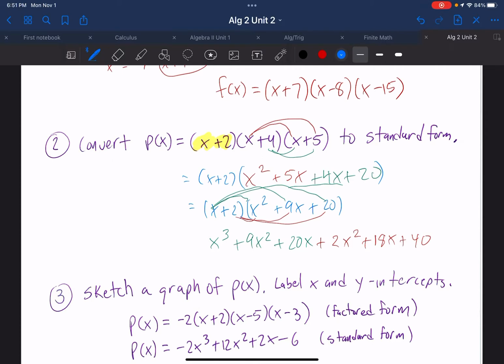Now simplify it together with the color blue, and we get x cubed, put the x squareds together, plus 11x squared. Put the x's together, that'd be 38 of those, 38x, and then plus 40. All right, and that's the answer to that one.